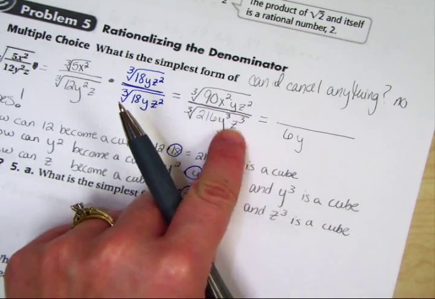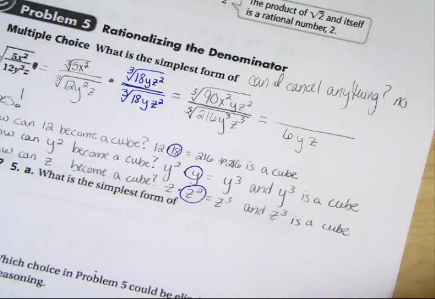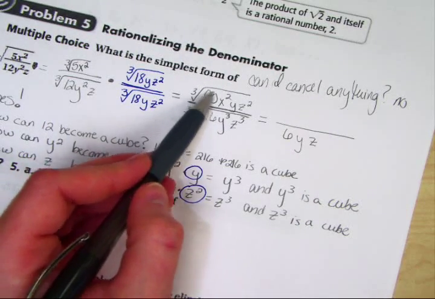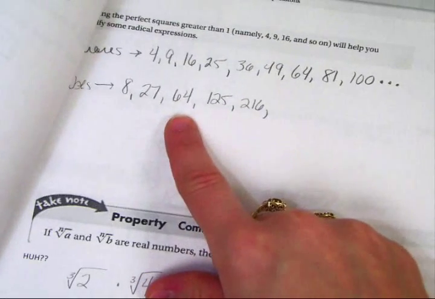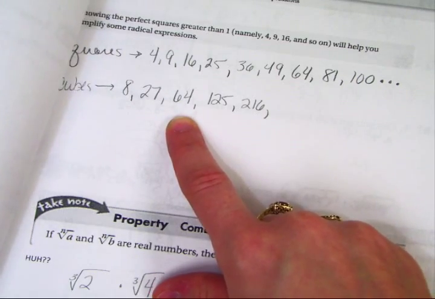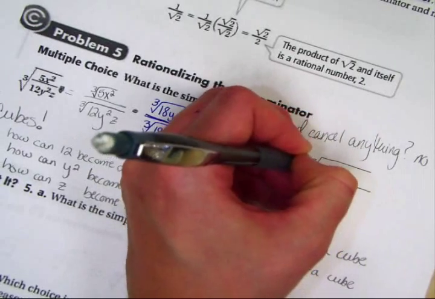The cube root of z cubed is z. The top, you ask yourself, look at 90. Do any of these numbers go into 90? The answer is no. So 90 gets carried over inside.